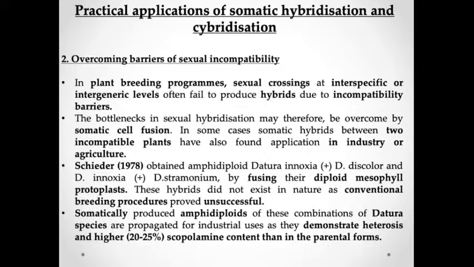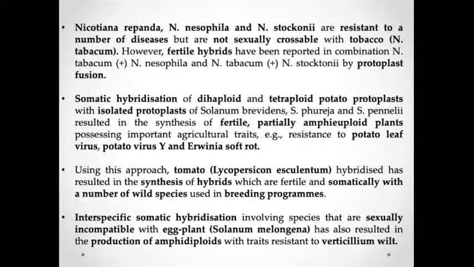Scheider in 1978 obtained amphidiploids by fusion of Datura innoxia and Datura discolor, and also Datura innoxia with Datura stramonium, by fusing their diploid mesophyll protoplasts. These hybrids do not exist in nature as conventional breeding procedures proved unsuccessful. Somatically produced amphidiploids of these Datura combinations are propagated for industrial use as they demonstrate heterosis and higher scopolamine content than the parental forms.